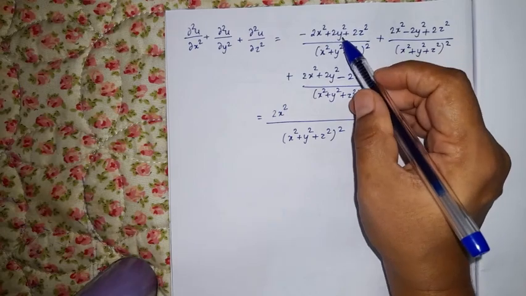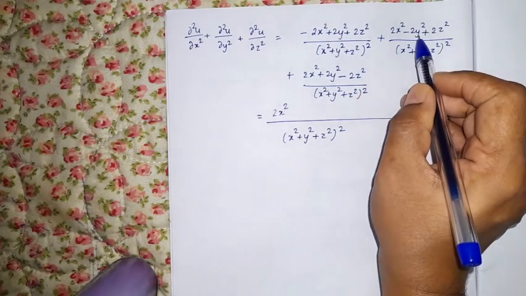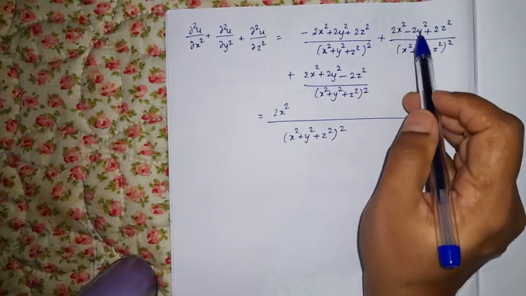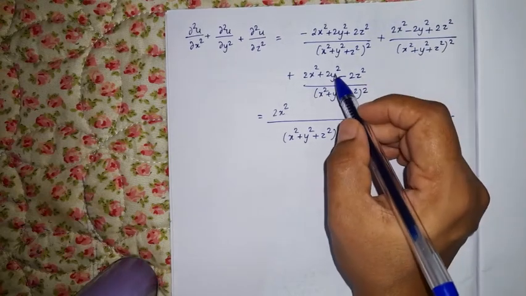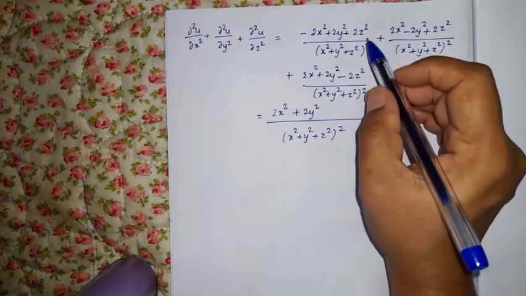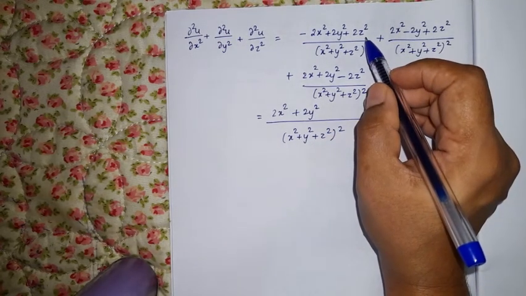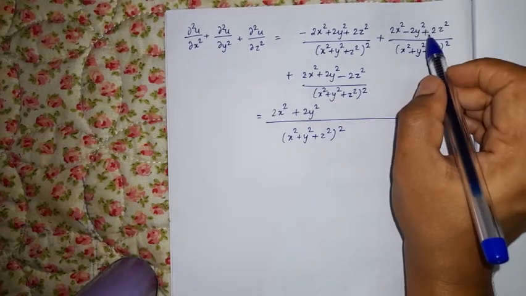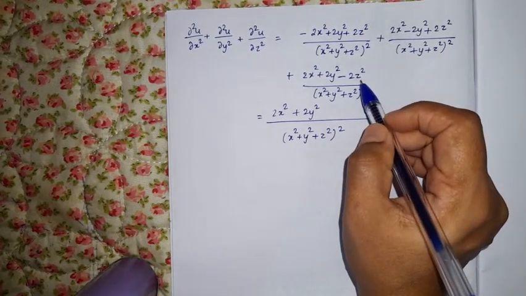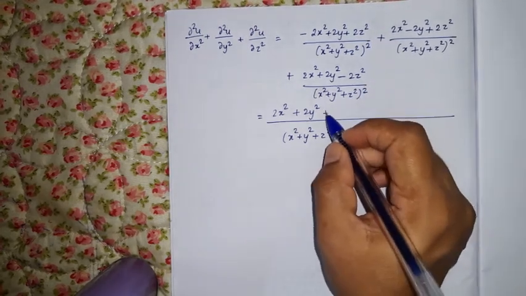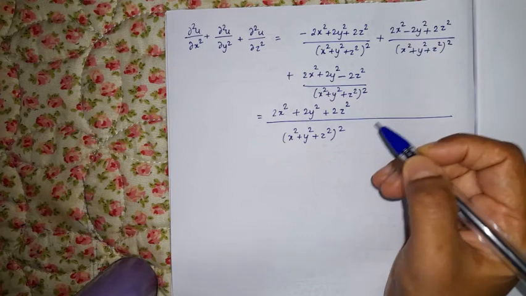Second term you have plus 2y square minus 2y square plus 2y square. So plus 2y square and minus 2y square gets cancelled. We will be having only plus 2y square. You have plus 2z square plus 2z square minus 2z square. Plus 2z square and minus 2z square will get cancelled. Remaining will be having only plus 2z square.